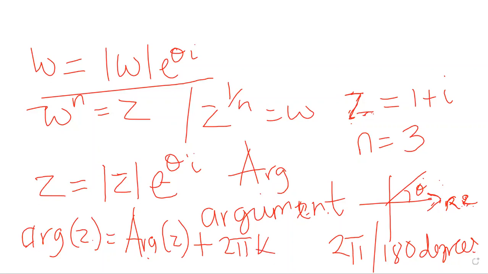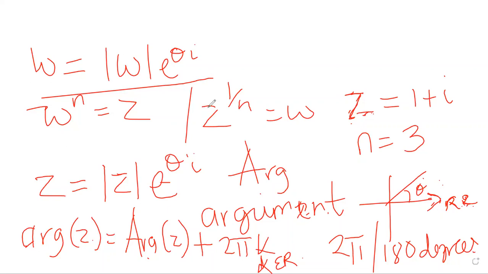So you can add multiples of 2 pi. In this case, k is positive and starts from 1 to infinity. It doesn't matter where it starts from.